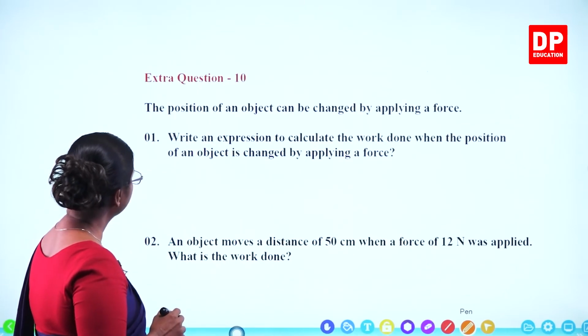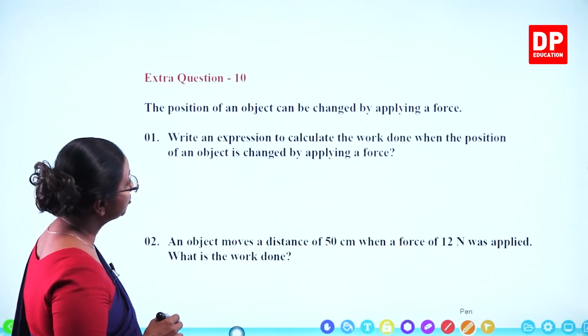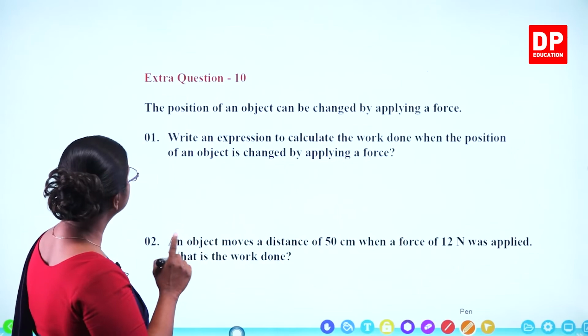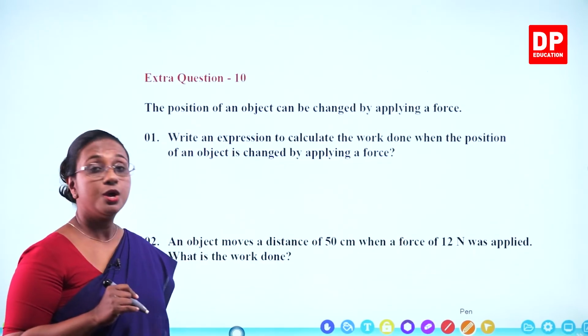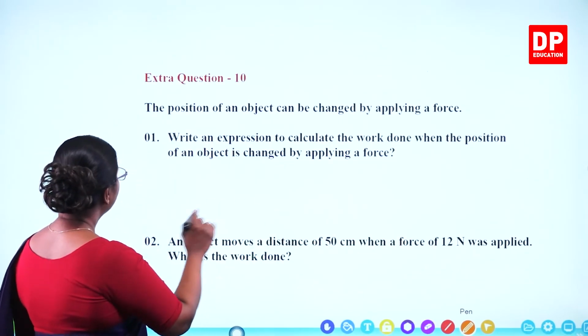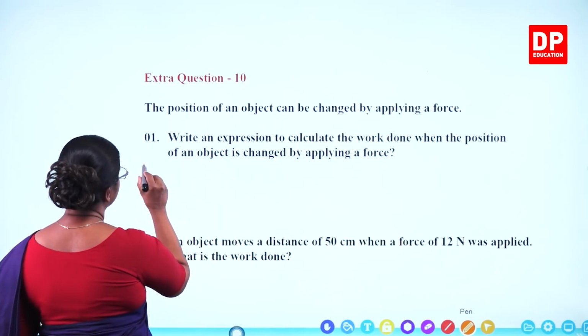The first question: write an expression to calculate the work done when the position of an object is changed by applying a force. So you have to write the full equation.